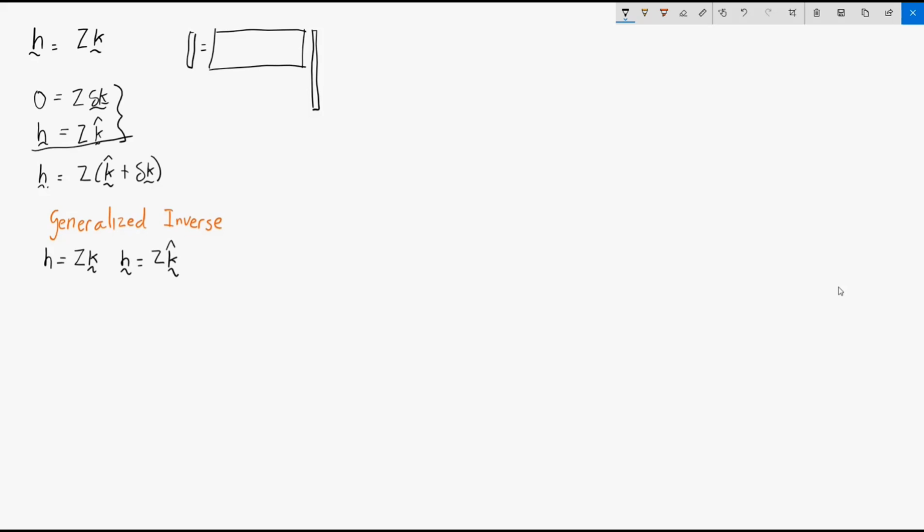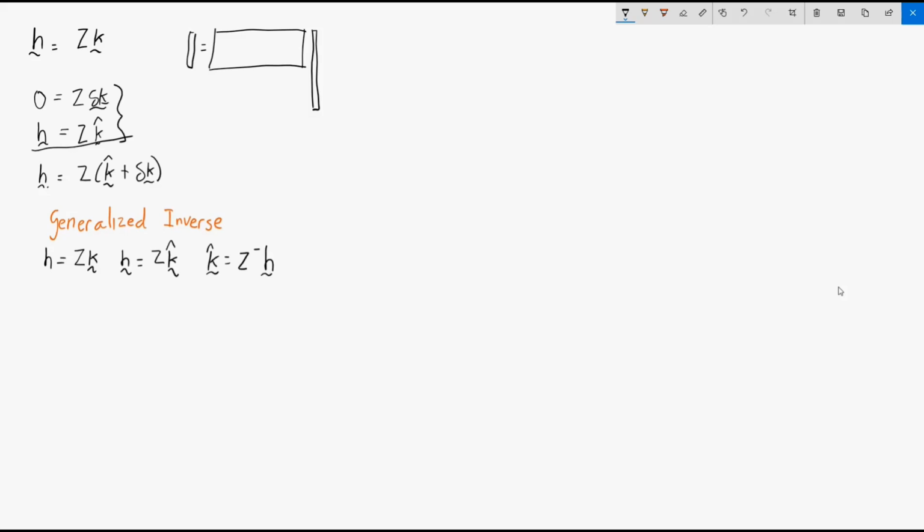And let me define the matrix which allowed me to obtain that solution as the generalized inverse. That is, k hat equals Z negative h.